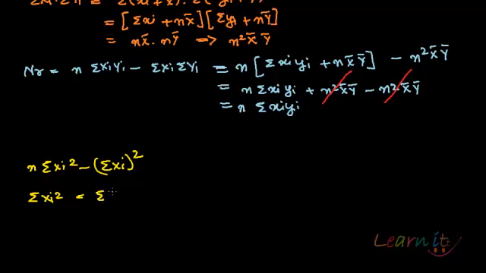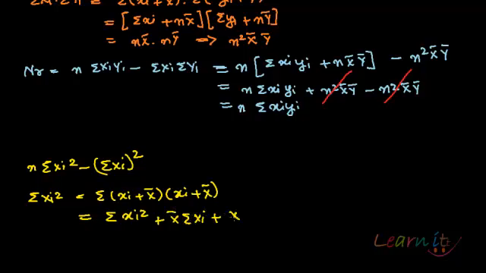That would be summation xi plus X bar into xi plus X bar, which is equal to summation xi square plus X bar into summation xi plus X bar into summation xi plus nX bar square.